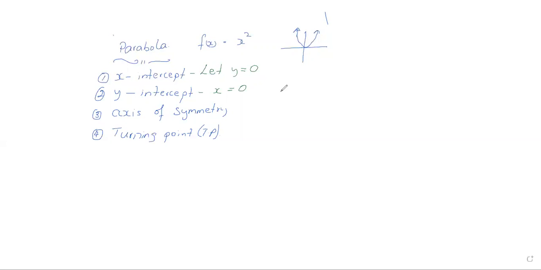Now, let's say you are given f of x is equal to x squared minus x minus 6, which is the same as your y is equal to x squared minus x minus 6.